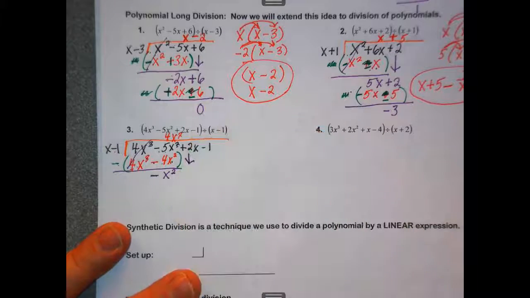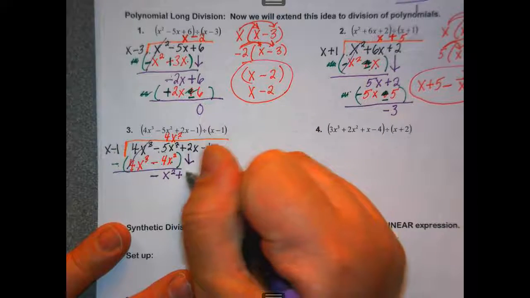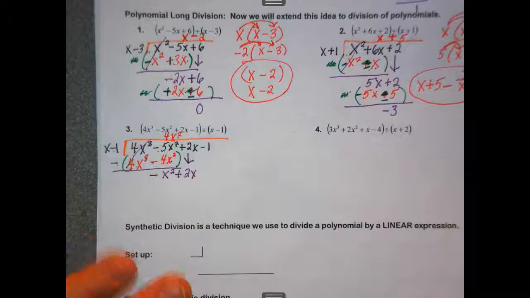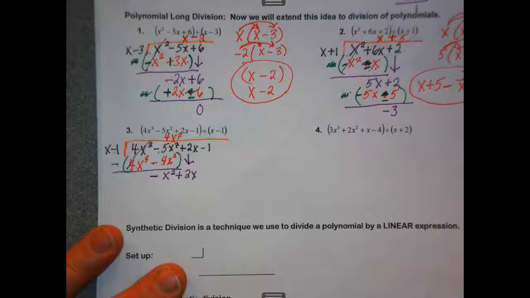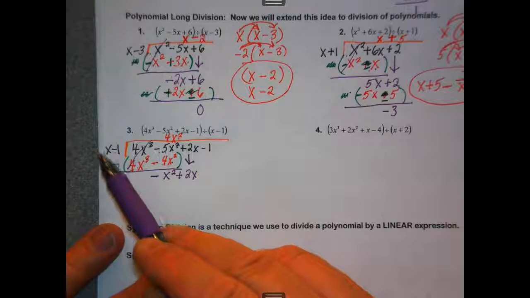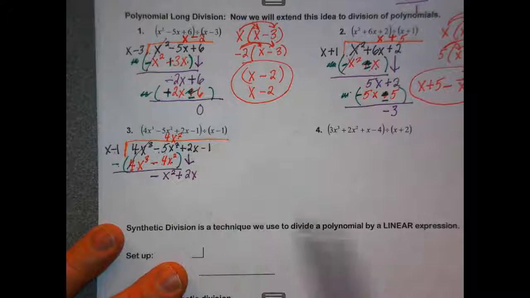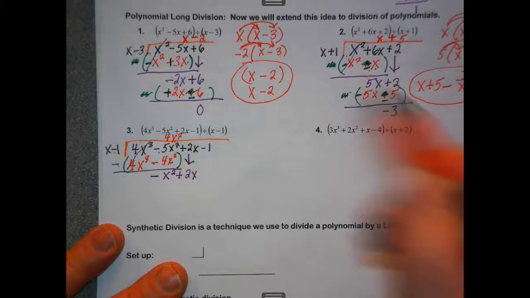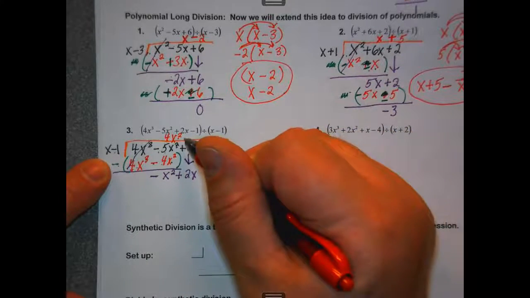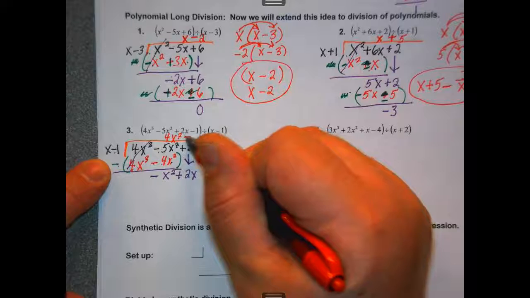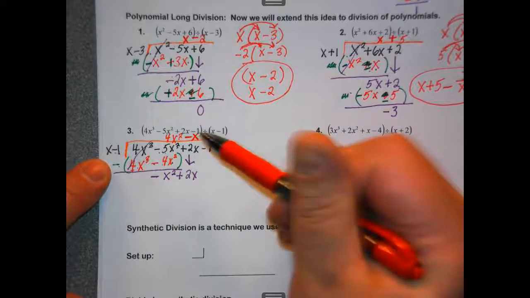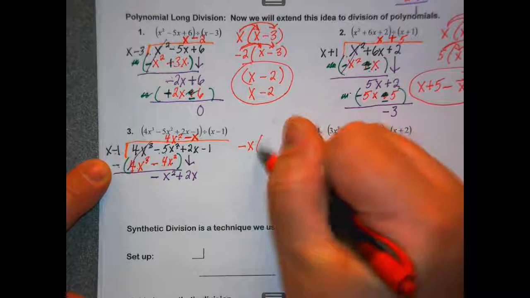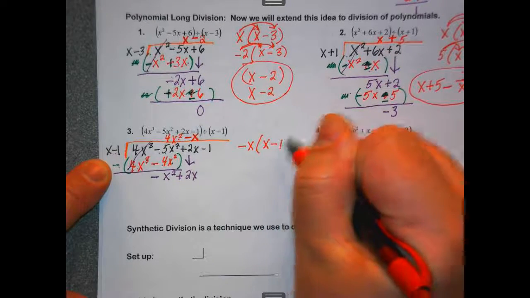Bring down my 2x. Okay, how do I make this x into a negative x squared? I'm going to multiply it by a negative x. So I'm going to take that negative x, and I have to multiply it by x minus 1.